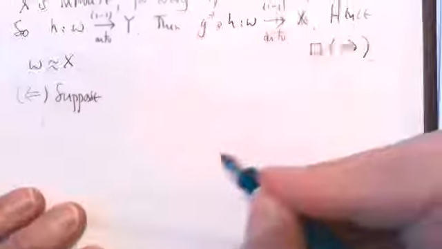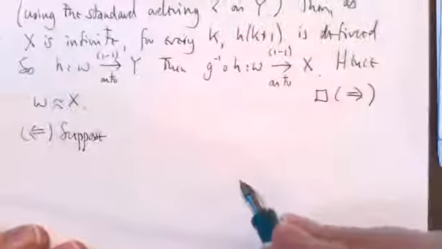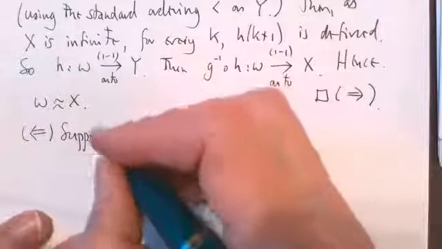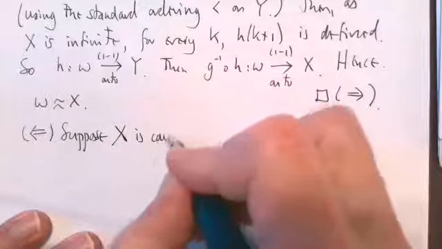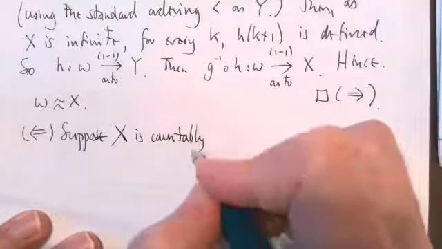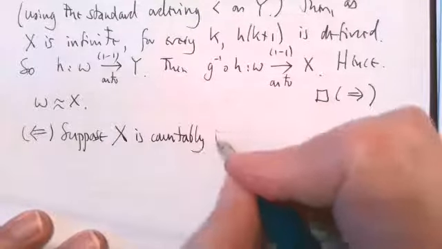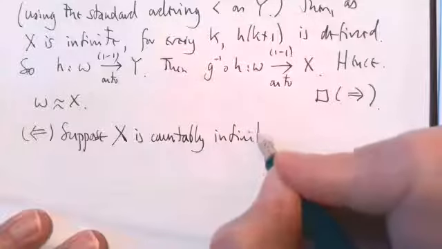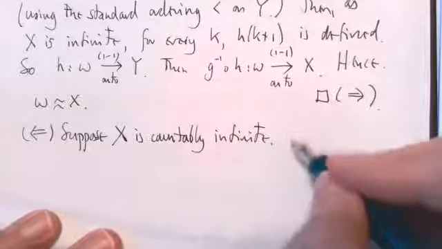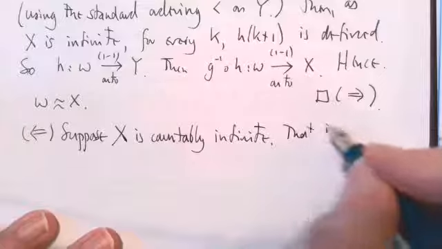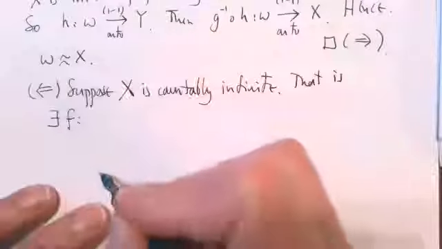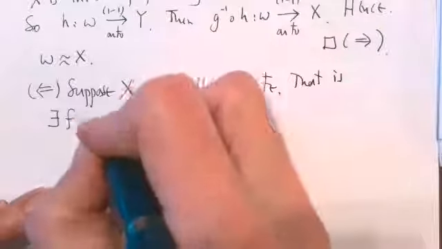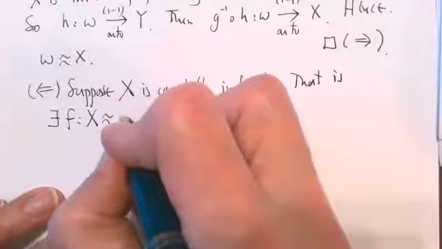So this is really just exercises in the definitions. Suppose the right-hand side. Suppose X is countably infinite. So that means there is some function f here that takes X bijectively with omega.